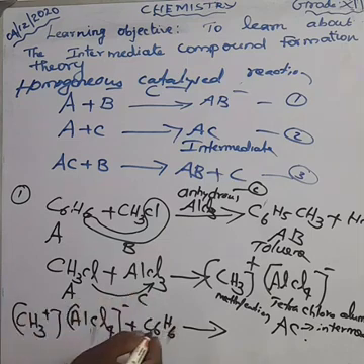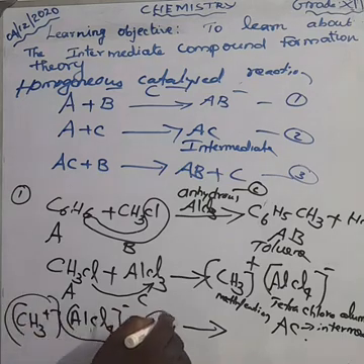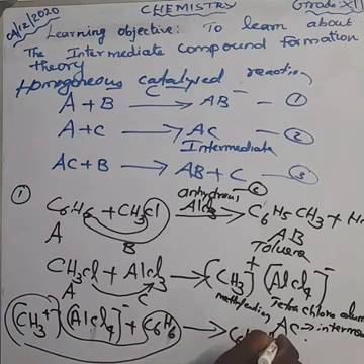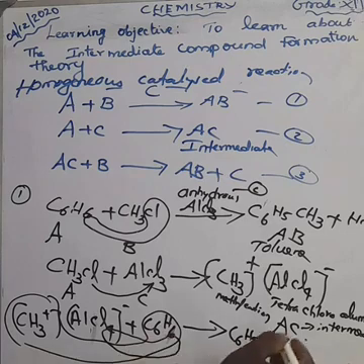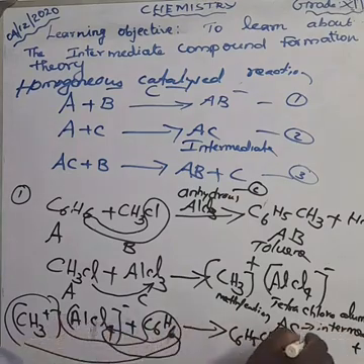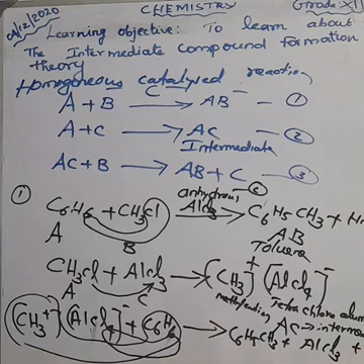So we get C6H5CH3, and the hydrogen combines with chlorine to give HCl. The remaining AlCl3, aluminium chloride, is regenerated.